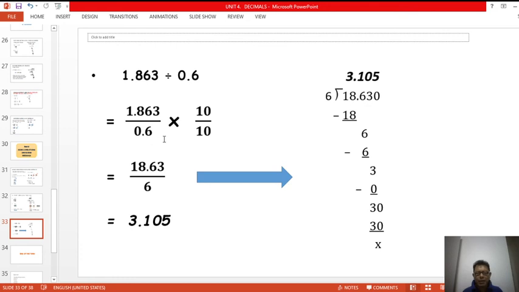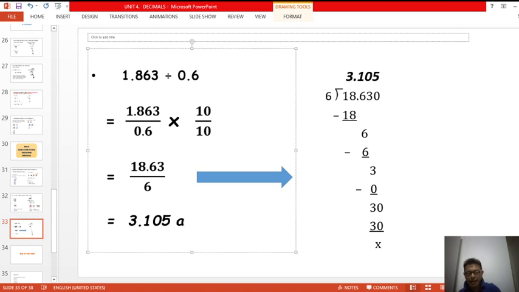So if this is 0.6, you just move the decimal point to the right. And again, 1.863, you move the decimal point to the right. So that's what happened here. It becomes a whole number, 18.63 divided by 6. So this is actually the working, and you again end up with the same answer.